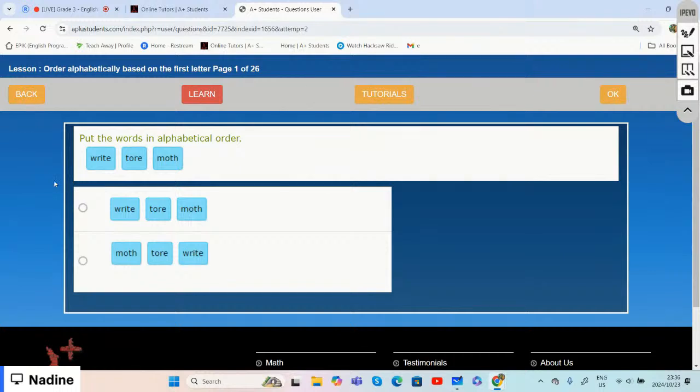Is it option one, white, tore, or moth, or option two, moth, tore, and white? Which one is correct?